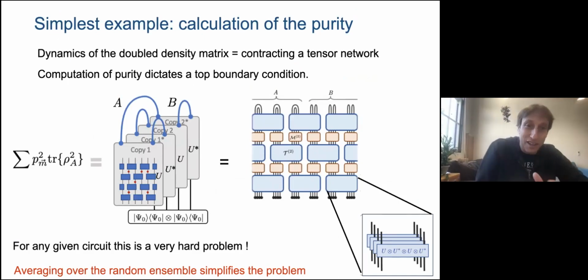In reality, in order to actually capture the averaging correctly over measurement outcomes, you have to look at the statistical mechanics model for all the numbers of replicas, and then at the end take the replica limit n equals 1.